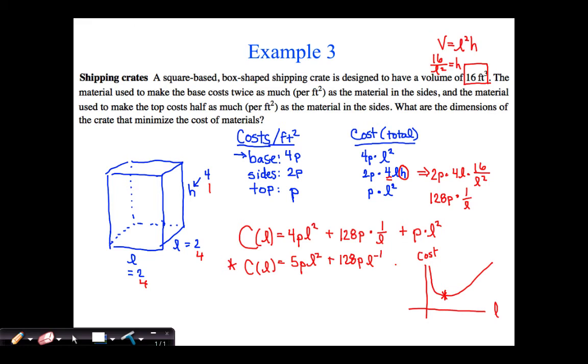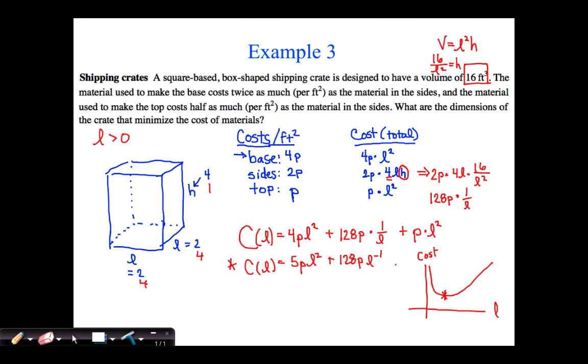The domain of this function in general would be anything except for L equals 0. But for this problem, reasonably speaking, we need L to be greater than 0. Because it can't be negative, shouldn't be 0, couldn't be 0 anyway with this configuration, because if it was, we'd never get a volume of 16 cubic feet.